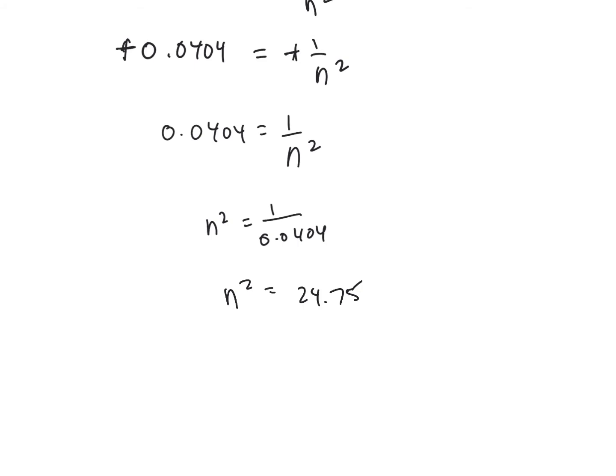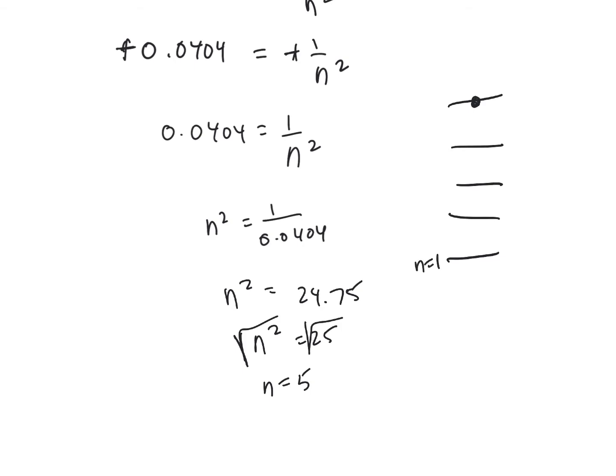You can see that's going to round up to 25. So n squared is 25. Take the square root of both sides, n is going to be equal to 5. So n equals 5. That means that hydrogen was excited all the way up to n equals 5.